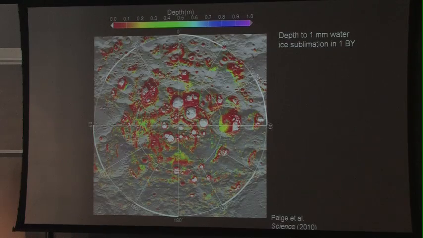Surrounding these regions, though, are going to be areas that do receive some sunlight during part of the year, but yet maintain average temperatures that are cold enough that you could allow ground ice to be stable. And this shows where those calculated areas are. Basically, all of these PSRs are surrounded by regions of potential ground ice stability.